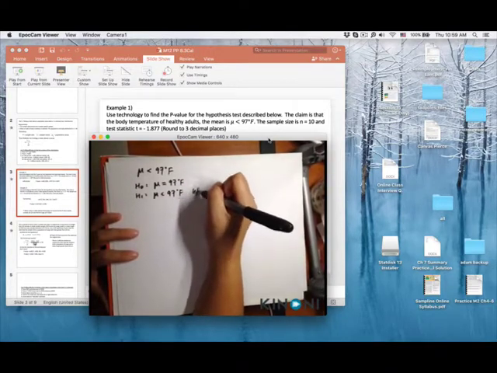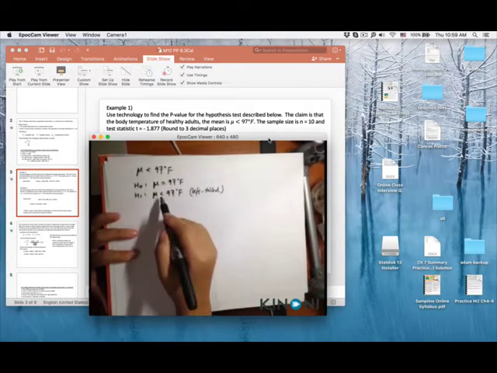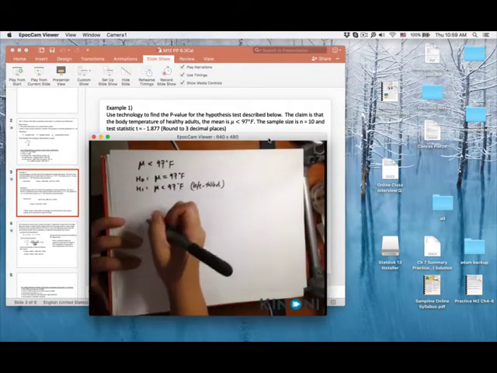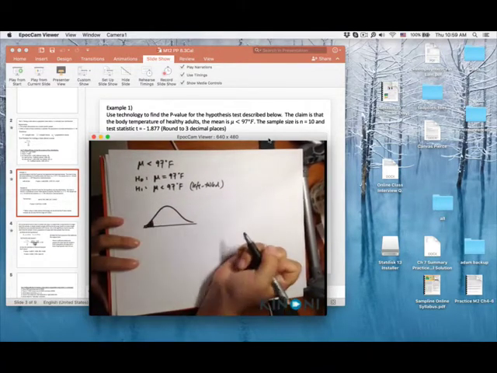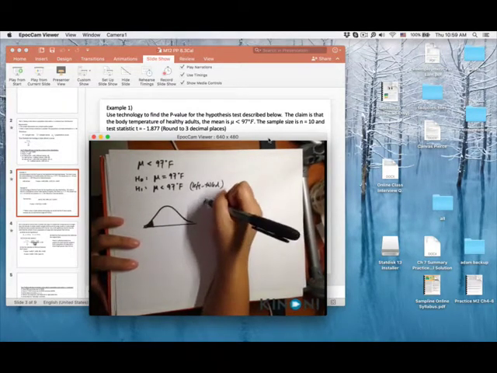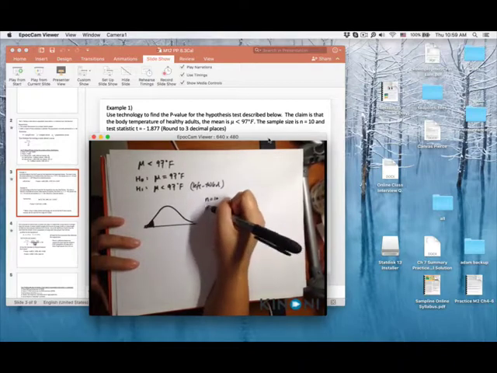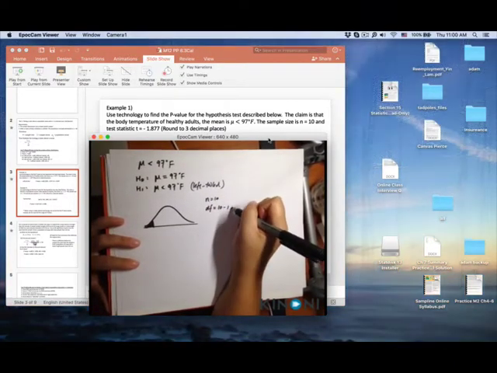That means this is going to be the left tail. Strictly less than is the left tail, so the picture looks like this. The sample size n is equal to 10, so the degrees of freedom, n minus 1, is equal to 9.